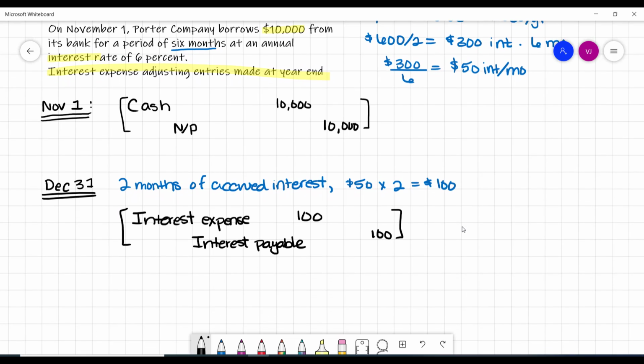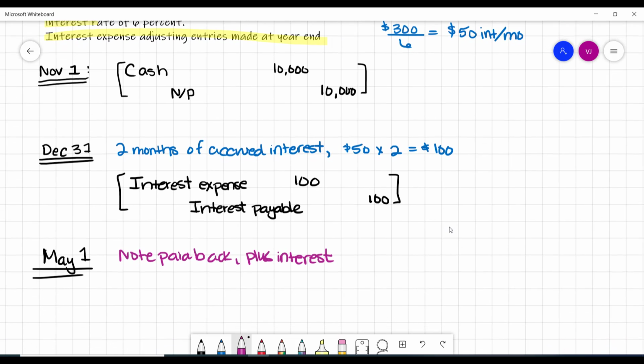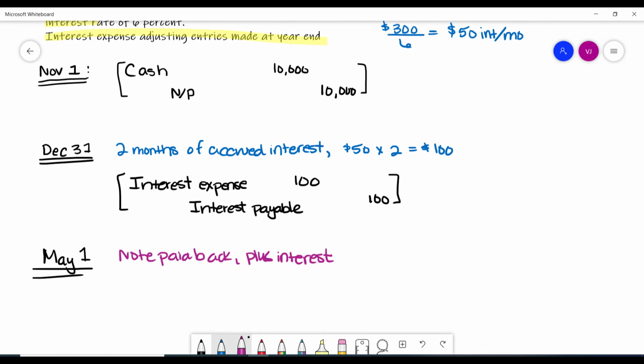Now, what about on May 1st when we actually pay back the note? And again, remember, plus interest. Well, there's a couple things going on here on May 1st. We're paying back the $10,000 of the note, yes.